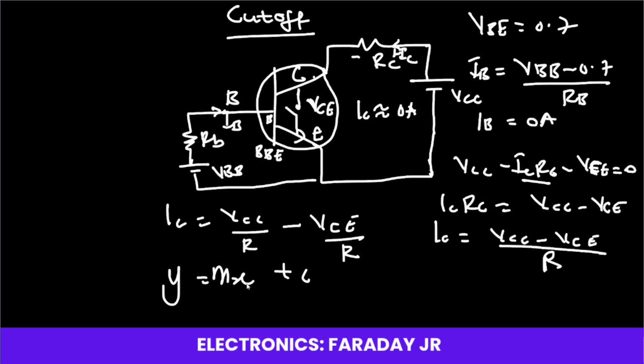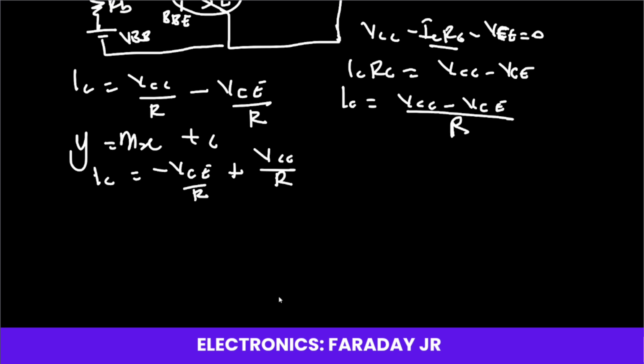Now, let's look at what will happen. If we compare this, we have to rearrange it, and then we can see that IC is equal to minus VCE over RC, plus the constant C, which is VCC divided by RC.